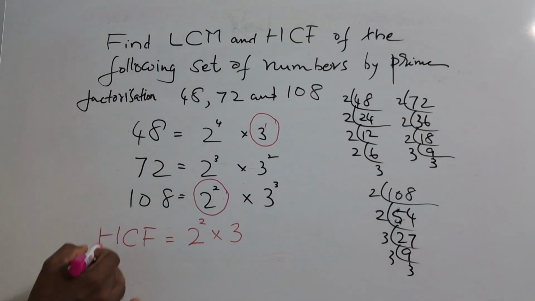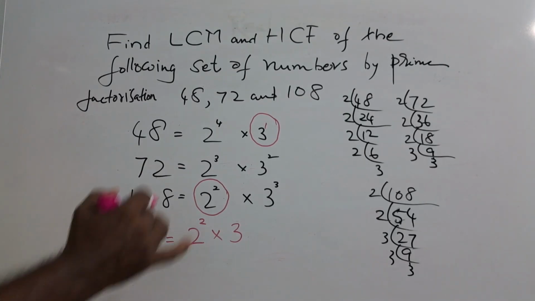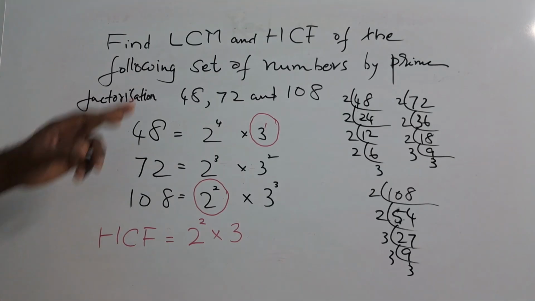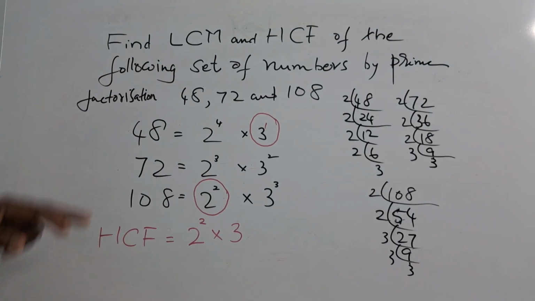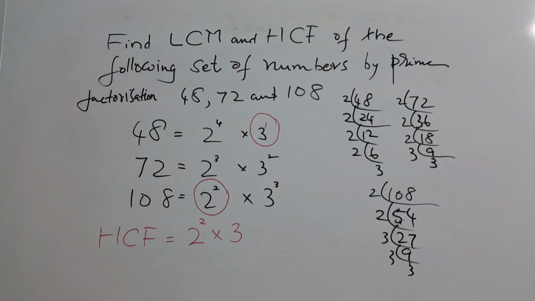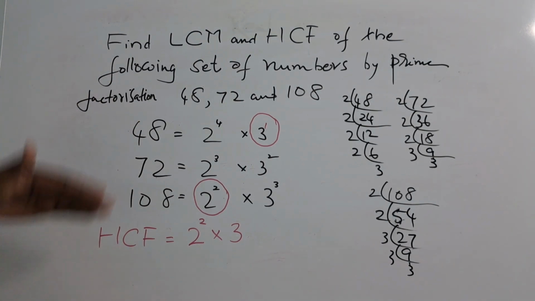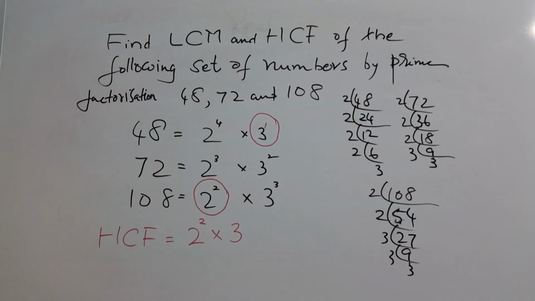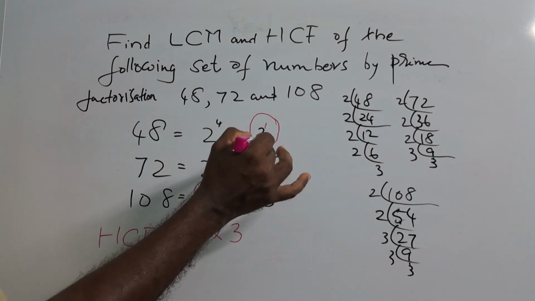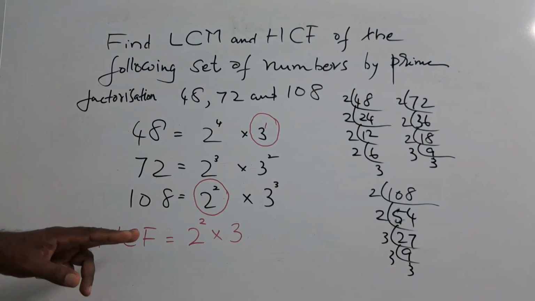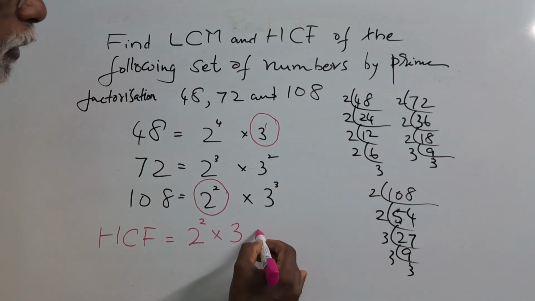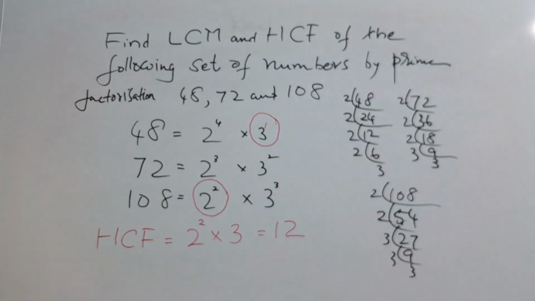Therefore, to find the HCF, first check all the factors common to all the numbers in the set, then consider the prime factor having the least power, then multiply. 2 square is 2 into 2, 4, 4 into 3, 12. 12 is the HCF here.